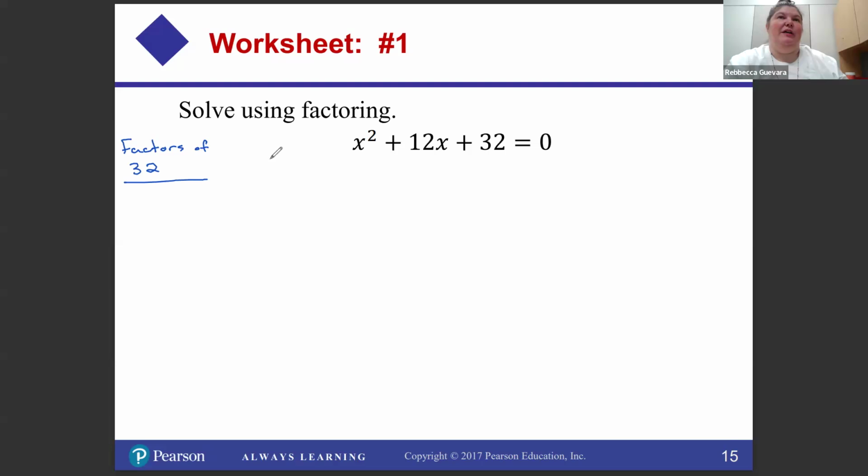And then we're going to do that sum of factors, and we want the ones that are going to sum to 12. So if you think about that for a moment, that one should actually come pretty quickly.